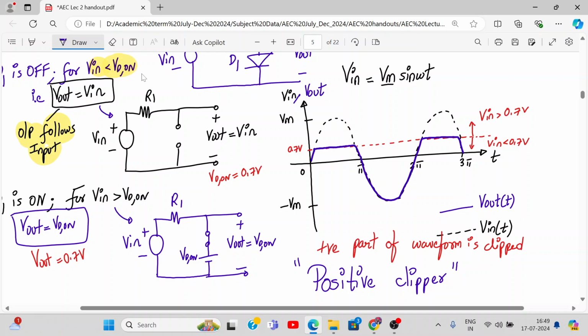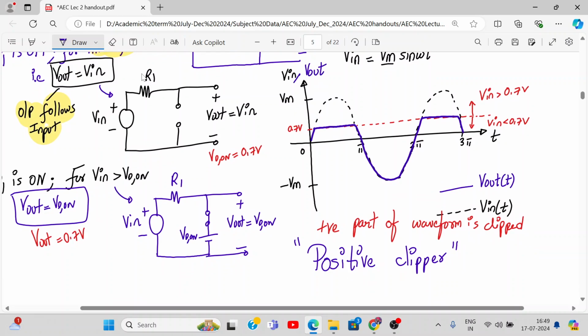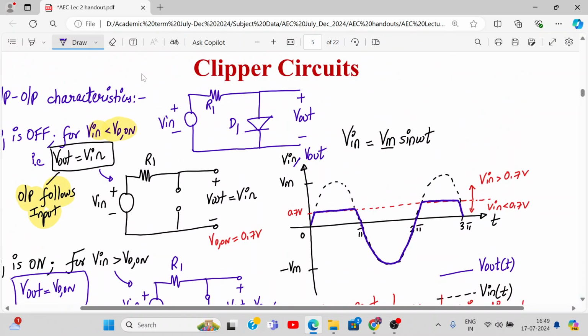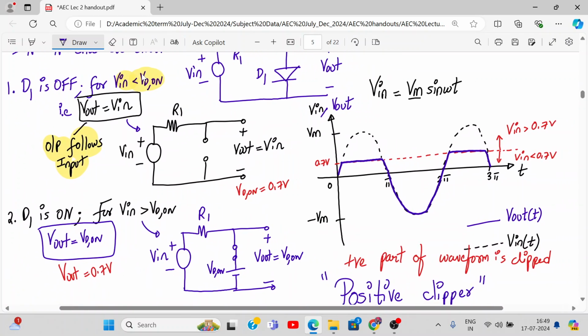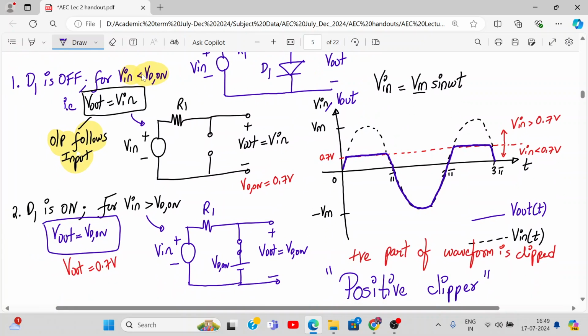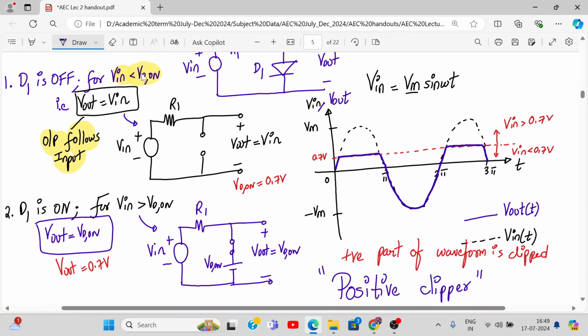Understood this? Understood how the circuit works and how to plot the input output waveforms? Any questions? All the explanation is in front of you. If you have any doubt, you can ask just now. So therefore the name clipper, because it clips a portion of a waveform. Here it is clipping the positive part of the waveform. That's why it's called a positive clipper.